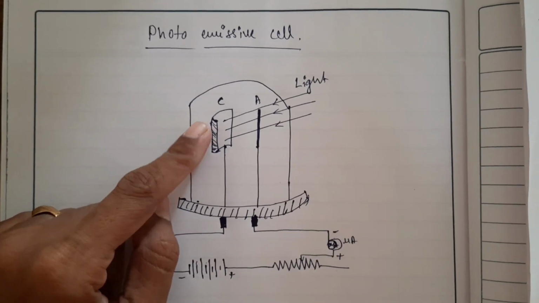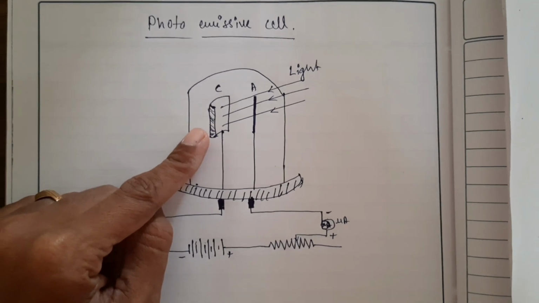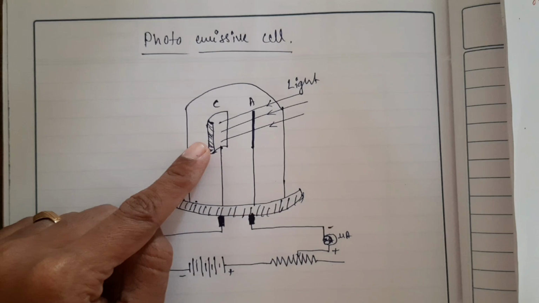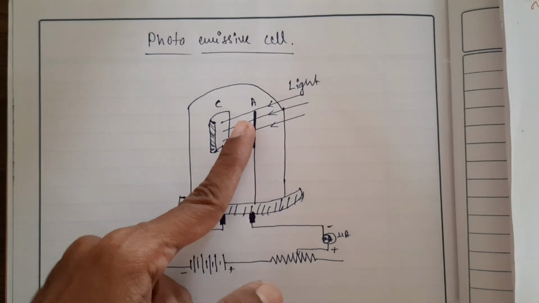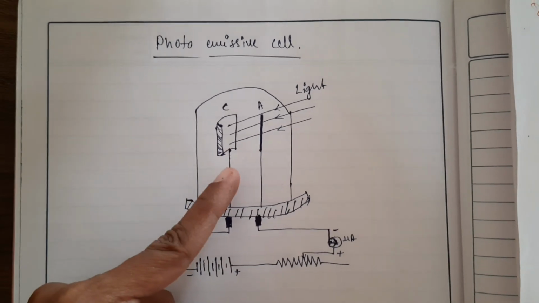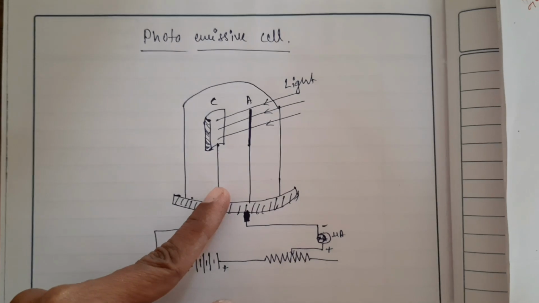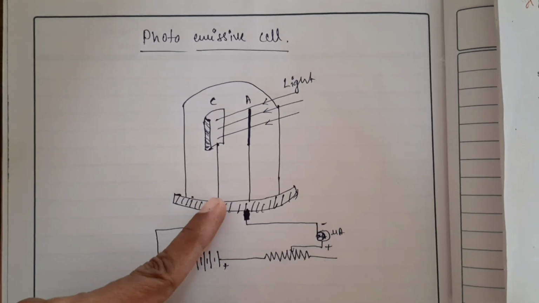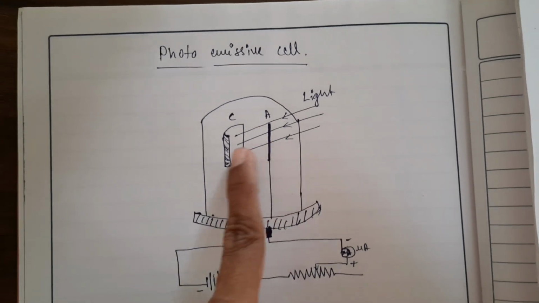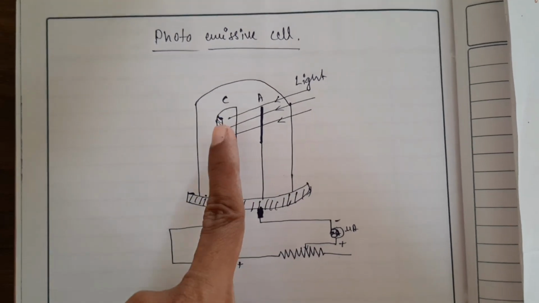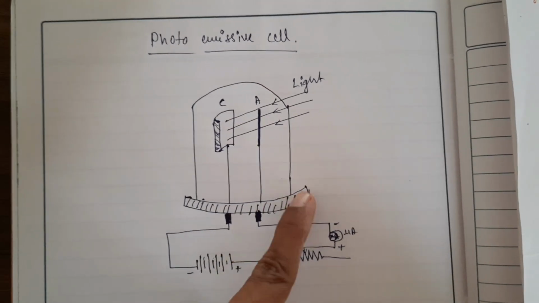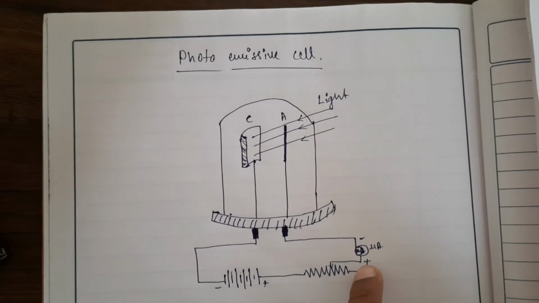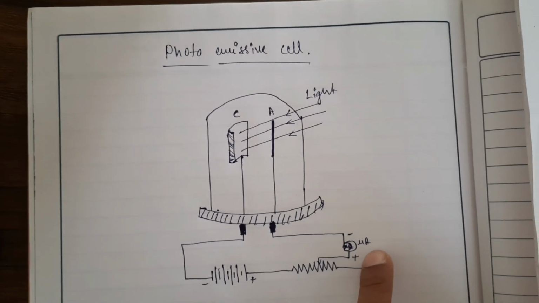The cathode is made of silver, in the form of a semi-cylindrical shape, and the anode is in the form of a rod kept at the center of the quartz bulb, parallel to its axis. When light falls on the cathode, electrons are ejected, and a small current flows across this photocell, which is measured in the ammeter.